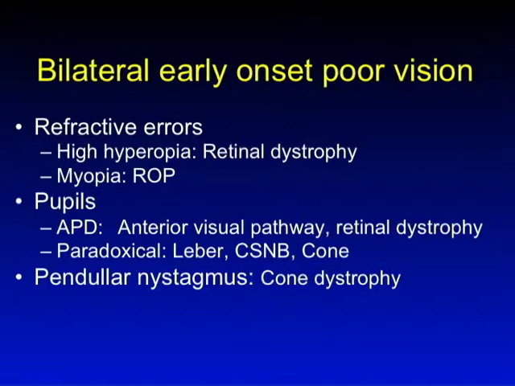In the presence of an afferent pupillary defect, amblyopia can also give you an afferent pupillary defect, but we're going to be looking more to the optic nerve, of course. In a paradoxical pupillary response, then we probably have either cone dystrophies or congenital stationary night blindness. Those probably are the most important diagnoses.